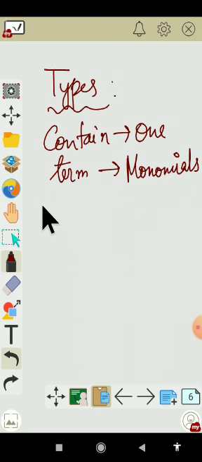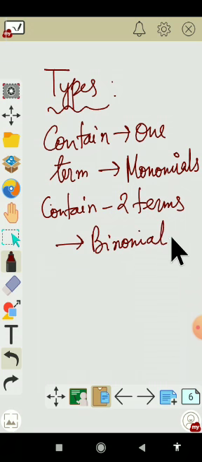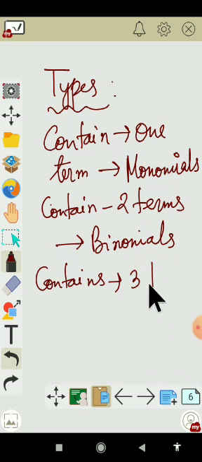If it contains two terms, then it's called a binomial. If it contains three terms, then it's called a trinomial.